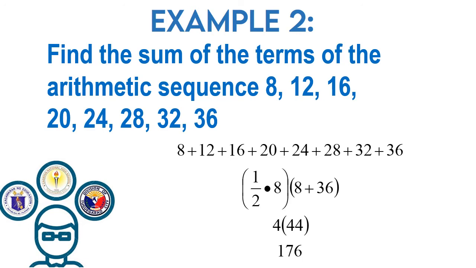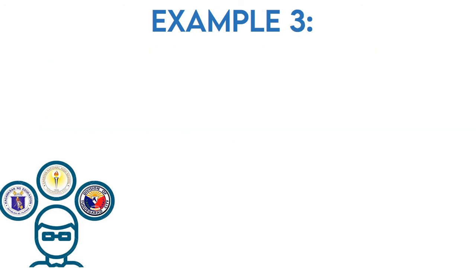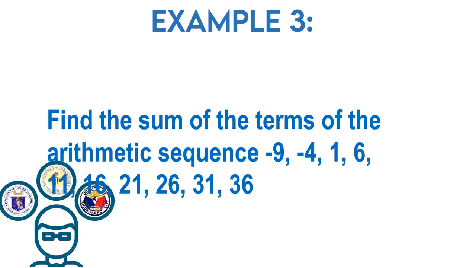The sequence has 8 terms, so we have to get 1/2 of 8, which is equal to 4. The sum of the first and last terms is 44, and it has to be multiplied by 4. Therefore, the sum of the terms of the given arithmetic sequence is 176. Let's move on to our third example.